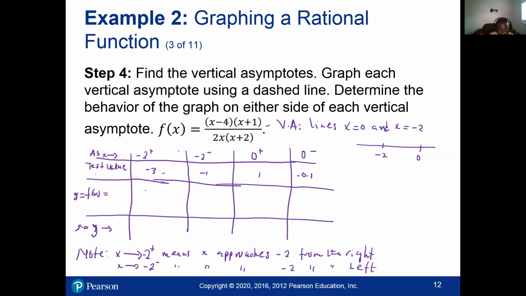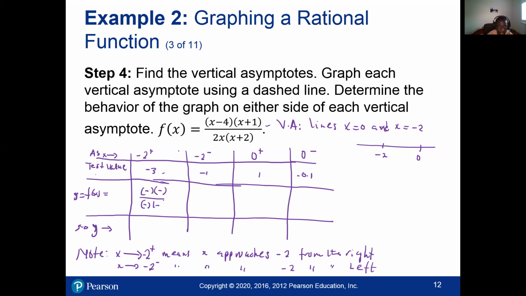So you have x, -3 minus 4 is negative. -3 plus 1 is also negative. And then 2 times negative is negative there. And then -3 plus 2 is also negative.